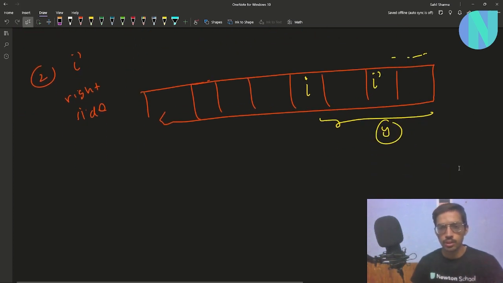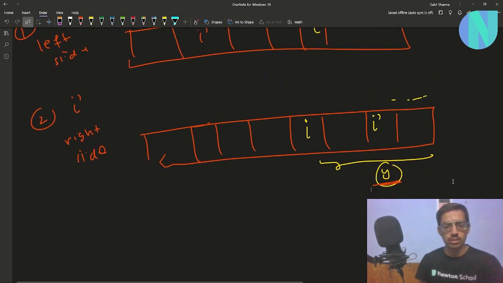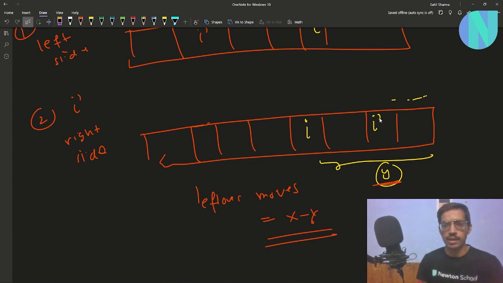Because in x, your y moves will be wasted in rebounding, right? So your leftover moves are how much? Your leftover moves are just x minus y, right? So your I dash will be how much? Your I dash will be n minus x minus y, right?